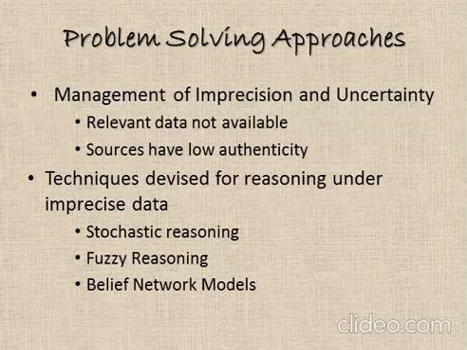Once we reach that state, there will be no change in the belief network. That is the idea. So using the values of stochastic reasoning and fuzzy reasoning, we can bring the facts to an equilibrium state, and after reaching it, there will not be any changes in the belief network.